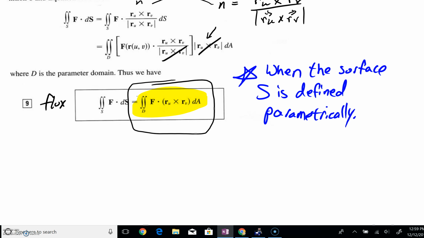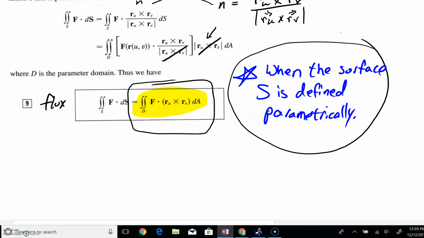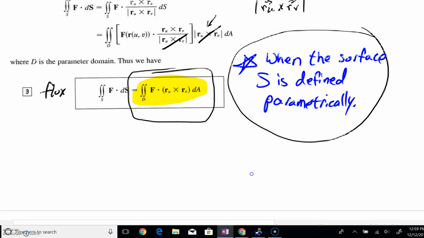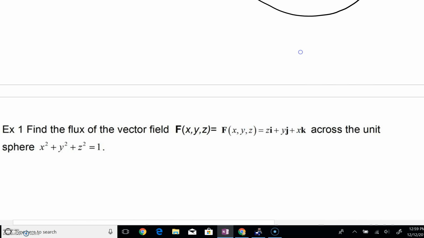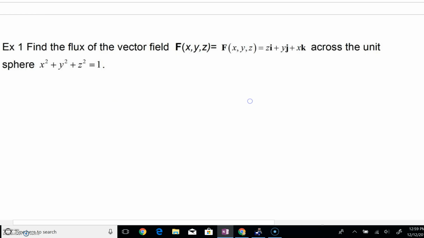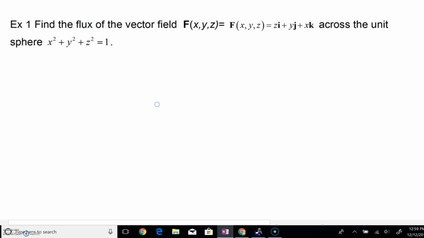So that's pretty cool. It's saying when the surface S is defined parametrically, of course. But this is what we call flux. So maybe the best thing that we could do is just jump on in and take a look at a problem together and try to work this thing out.